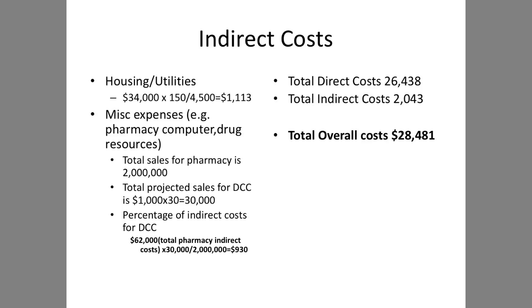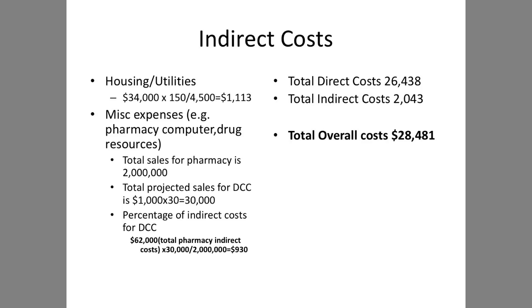So if the total projected sales is around $30,000, the percentage of indirect costs is, basically, you take the 30,000 times the 3.1%, and then it's going to be about $930. So the total indirect cost is around $2,043, and the total direct cost is around $26,000.